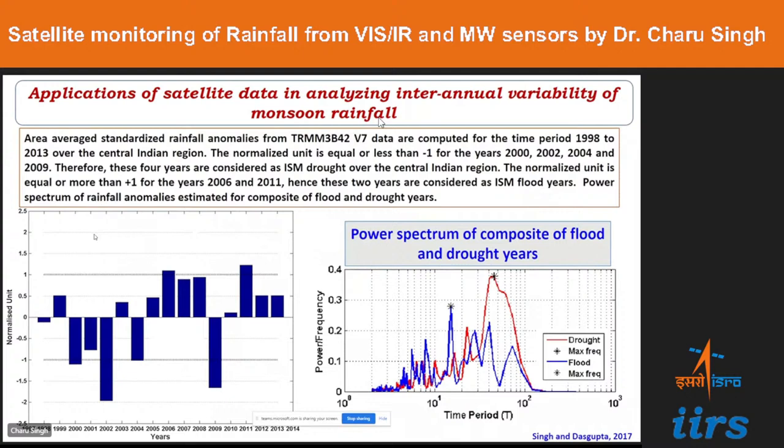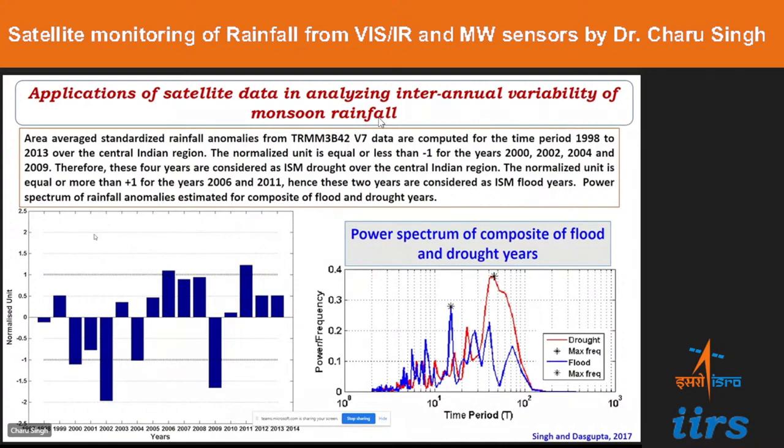Based on the standard definition given by Parthasarathy and Mooley, the normalized rainfall anomalies which go above +1, those years may be considered flood years. Likewise, whenever these normalized anomalies are less than -1, those years come under the category of drought years.